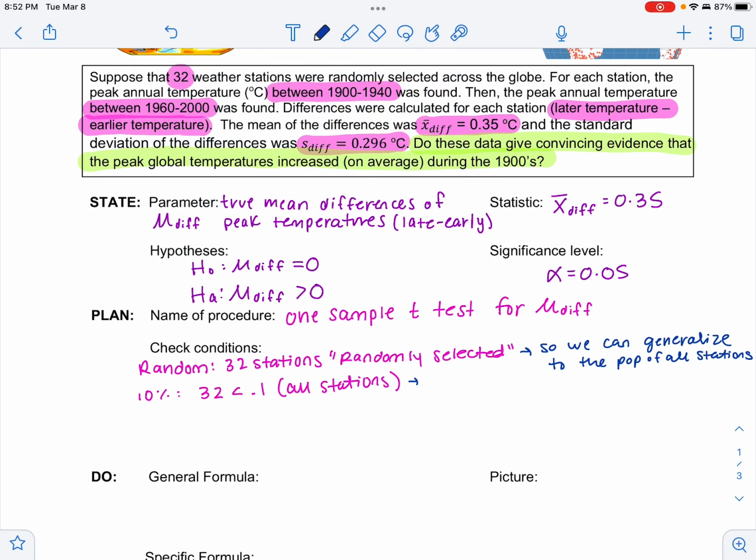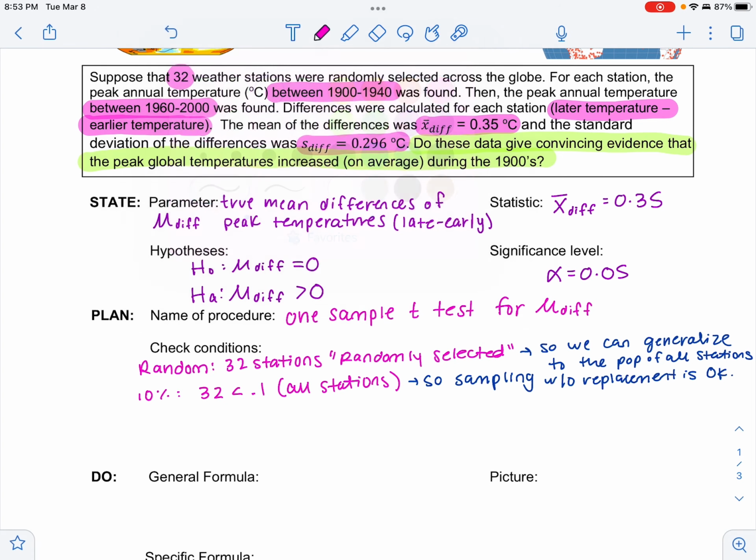The reason is so sampling without replacement is okay. So when we sampled here, we did it without replacement. We are assuming that they took 32 different stations, and therefore we would then check the 10% rule.